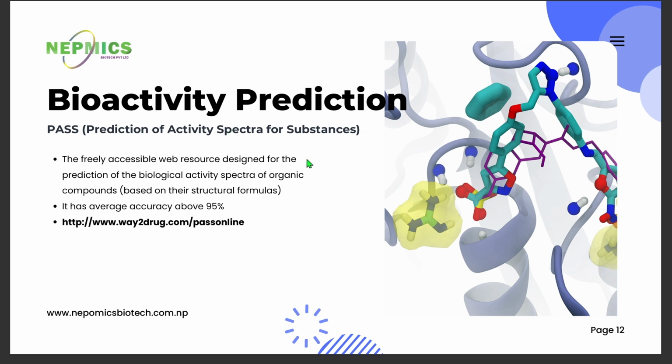Spectral information is gathered through NMR data, and based on that data the bioactivity prediction is done using PASS. It gives results on the basis of probability, in a range of 0 to 1, and the average accuracy of this tool is 95%. So you can trust it. It's reliable in nature as well.